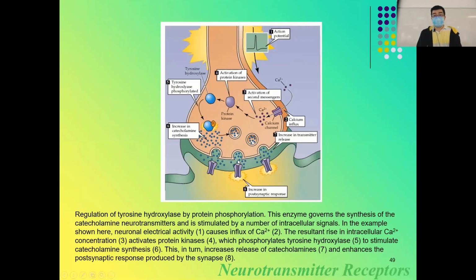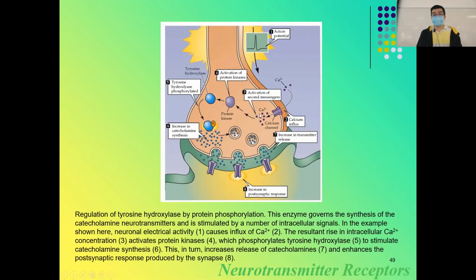However, at the same time, it will also have a secondary effect. Calcium is also a secondary messenger that can activate the protein kinases, and then protein kinase can phosphorylate, for example in this case, tyrosine hydroxylase. After phosphorylation, the tyrosine hydroxylase is activated and will produce more of the catecholamine.